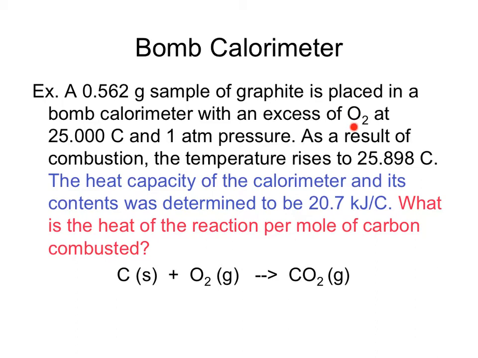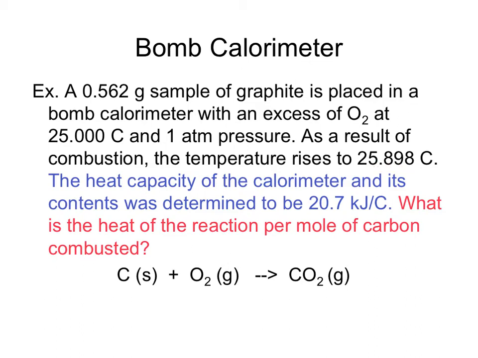Put it in the bomb, you add the excess oxygen, and this is saying that after the reaction takes place and then comes back to room temperature, the temperature is going to be 25 degrees C. So the temperature does go up, no doubt about that. And also, as a result of the combustion, the temperature rises up to 25.898.